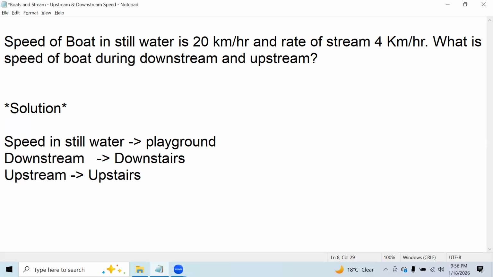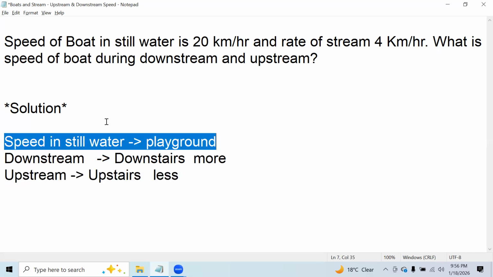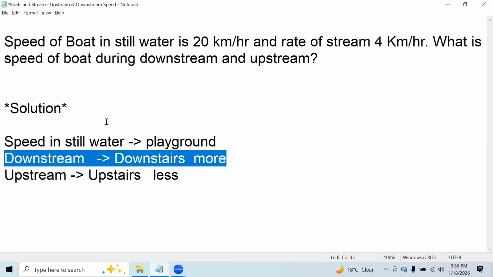So your speed will be more. And when you look at upstream, like going upstairs from the ground floor to the fourth floor, definitely your speed will be reduced as compared to the playground, the plain surface area, or downstairs. So upstream speed will always be less than speed in still water and downstream speed.